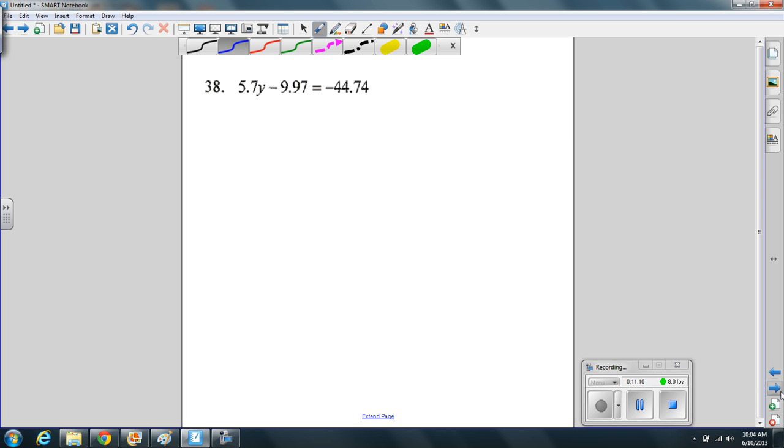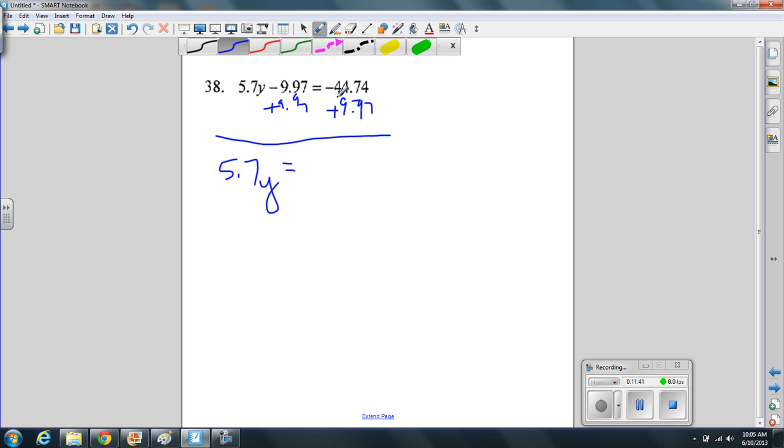Number 38, just like the last few problems we've done, we are going to isolate the variable. This is a two-step equation. So we're going to start by adding 9.97 to both sides. Okay, now notice that the number right above here is negative, so my signs are different. So I'm going to take 44 and 74 hundredths.